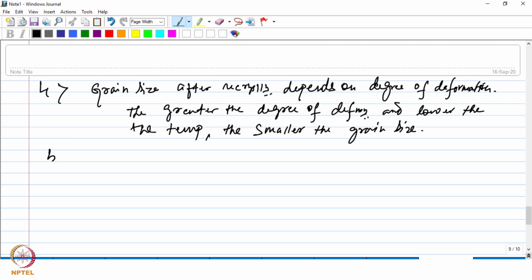The fifth rule says the larger the original grain size, the greater the amount of cold work required to produce an equivalent recrystallization temperature.